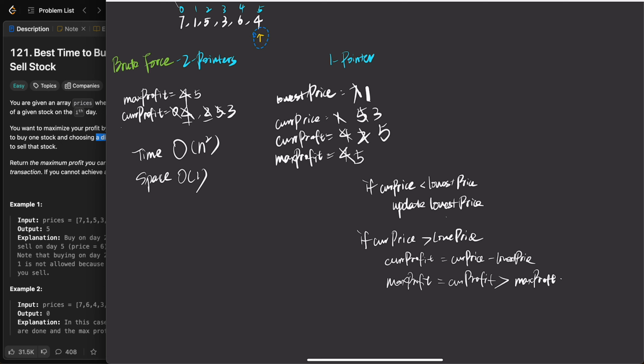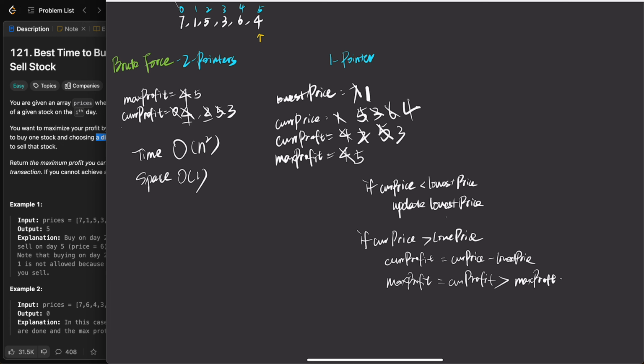The current price is 4, and the lowest price is still 1 because none of the numbers is smaller than 1. That's how we update the lowest price. The current profit turns out to be 3, but is it greater than maximum profit? No, we don't have to update it. So this is how we are using one pointer to solve it.